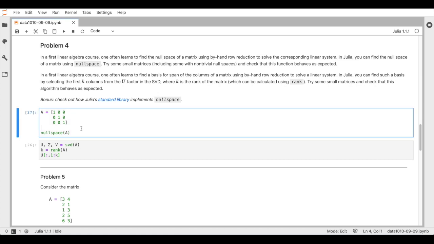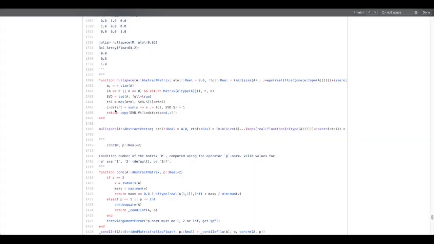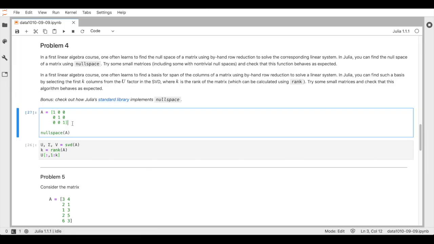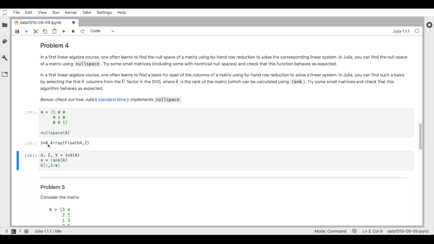So null space, for example, does use the singular value decomposition if you check out the source code in the standard library. So let's just quickly take a look at that. You can see there's very little code here, and it's using the singular value decomposition. So let's just see how it works. If we start with the identity matrix, we should get nothing, and we do.